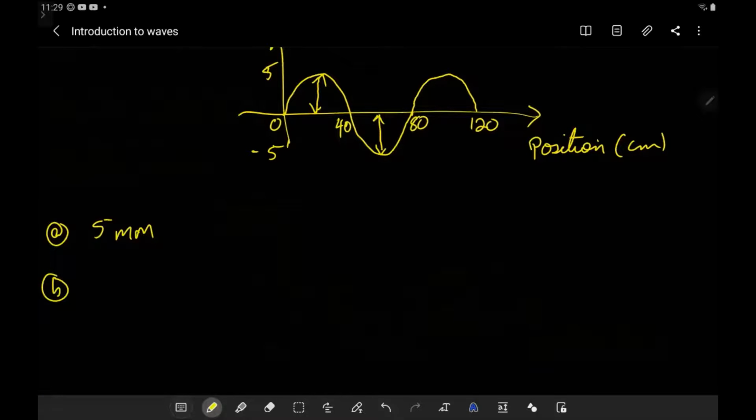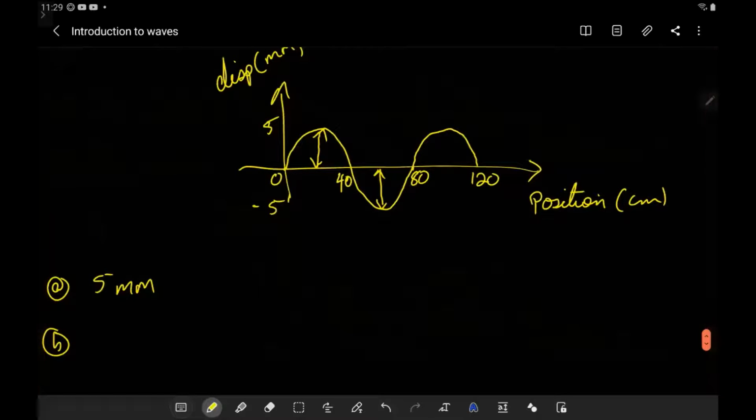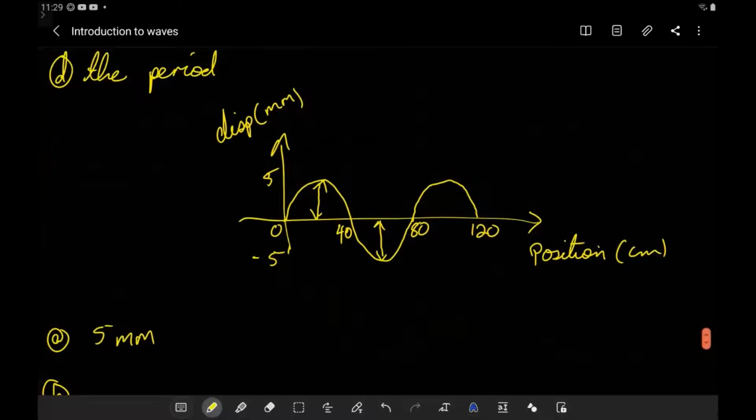Part B would be the wavelength. This time the wavelength will be given in centimeters, but you could convert it. What would be the wavelength of this wave? Anybody remember how to find wavelength? It's a measure of a full wave.